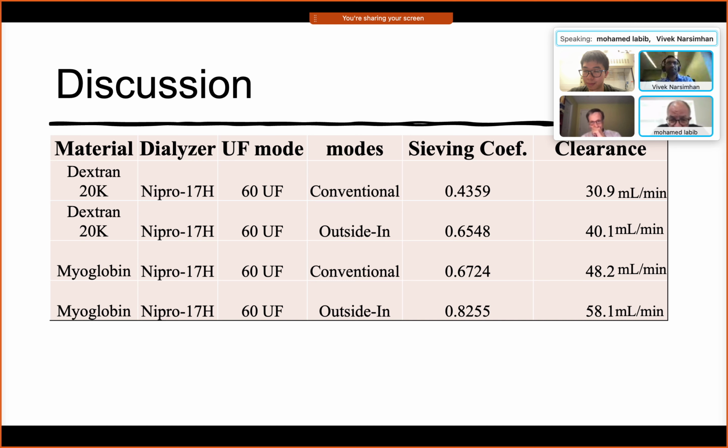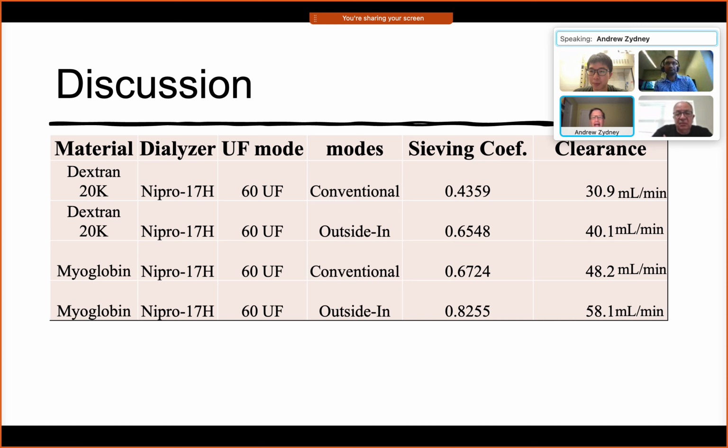Also, Andrew, I have another question. With these larger molecular sizes, the diffusive contribution may not be very large because of the size, or what do you estimate? Clearly if the diffusive contribution were dominating, you wouldn't see a difference between the conventional and the outside-in.